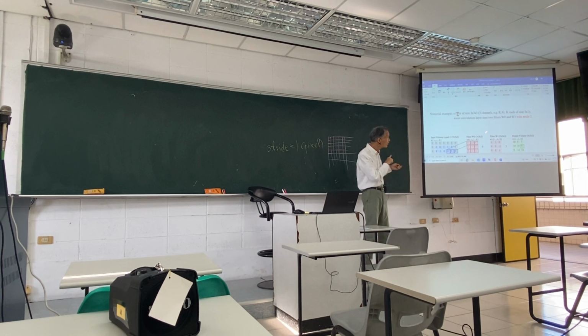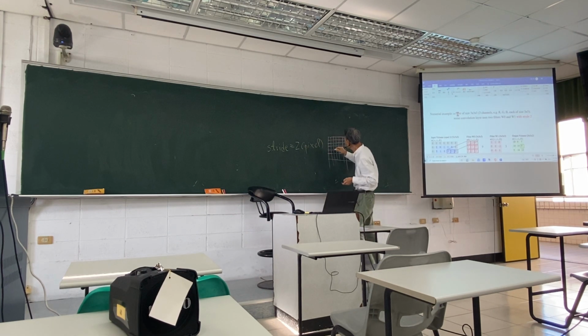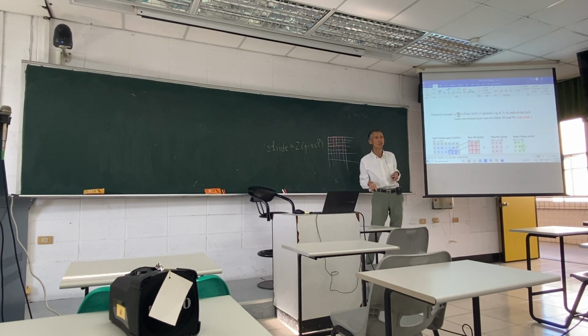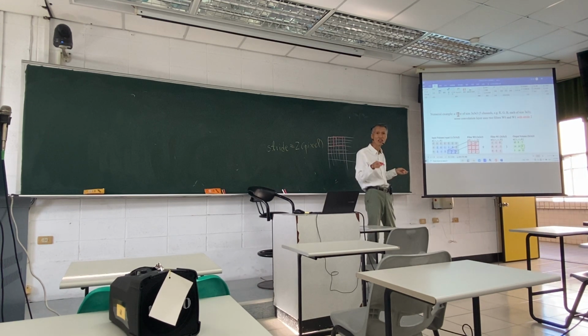But for this example here, you use a stride of 2, which means if you go for 3 by 3, the first position is right here, the next position will be right here. Okay, you will move 2 pixels, not 1 pixel. So for this case, the size is reduced from 7 by 7 to 3 by 3.